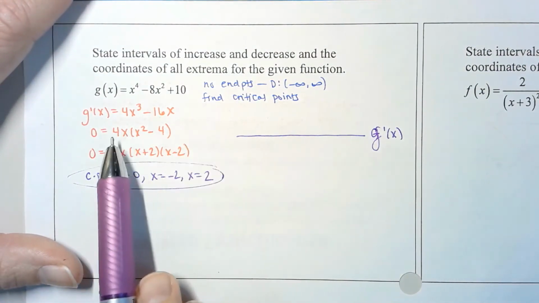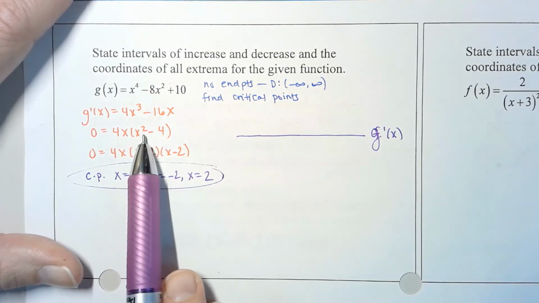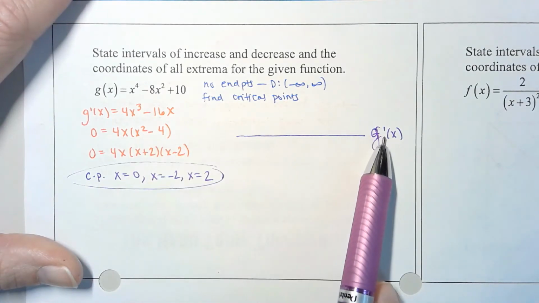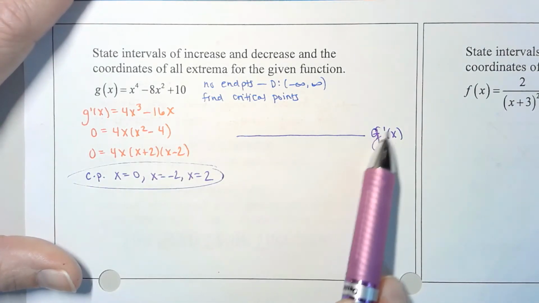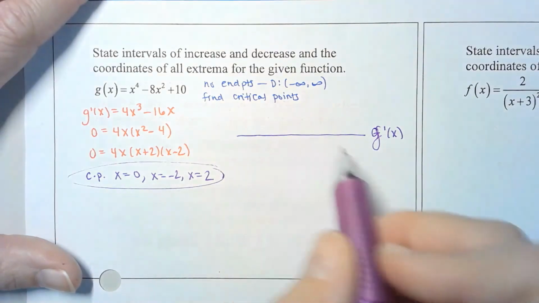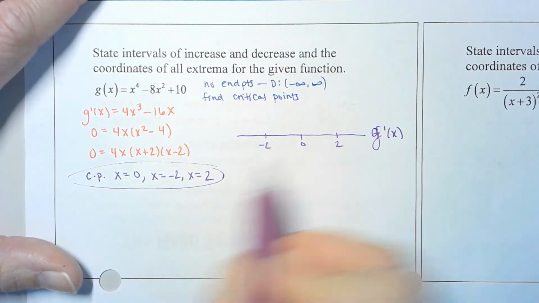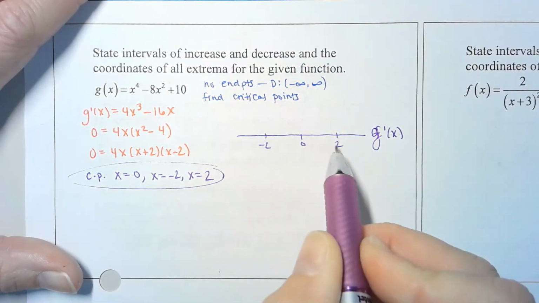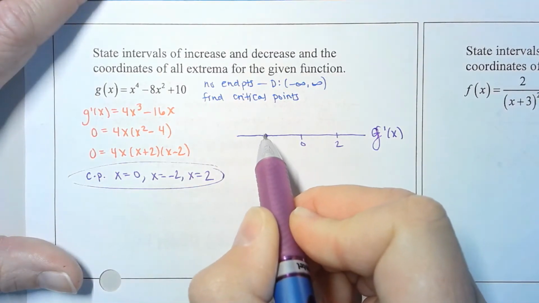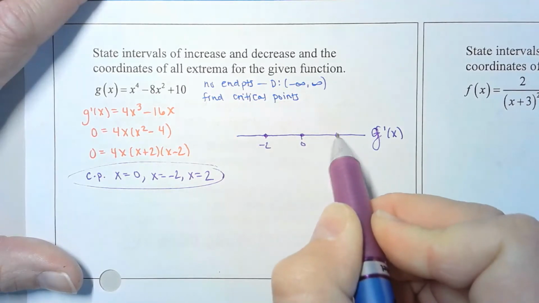It's going to help me remember that I'm going to go back to the derivative to plug things in. It's also going to help us in a few days when we start having what we call a second derivative test. So it's just a number line, right? So numbers have to go in order. There's my critical points. This is where the derivative is equal to 0.